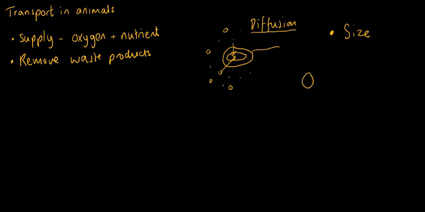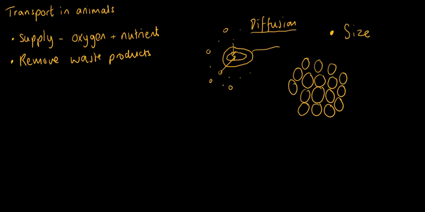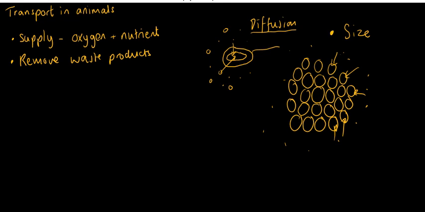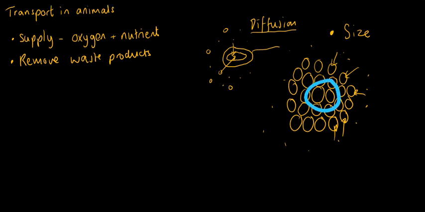So let's say, for example, I have an organism here which is multicellular, then I might have a situation where I cannot rely simply on the diffusion of substances from outside the cell, as although that would work for the cells on the peripheral part of the organism, these cells here in the middle are going to be insufficiently supplied with stuff such as oxygen and nutrients.